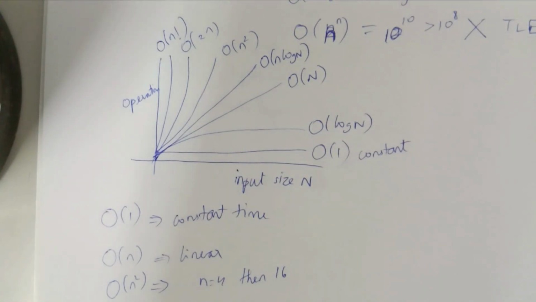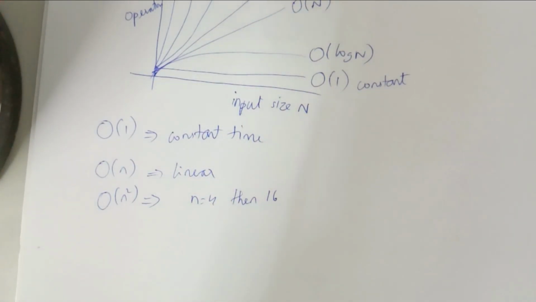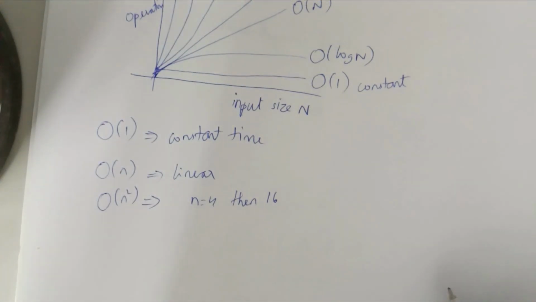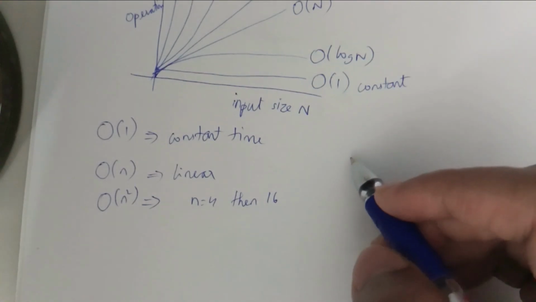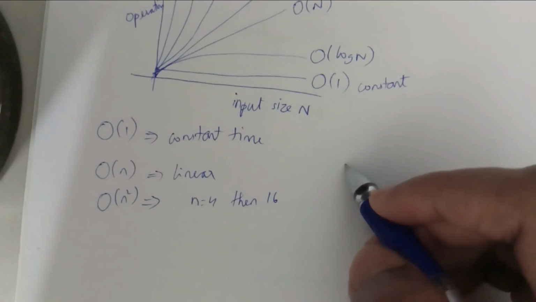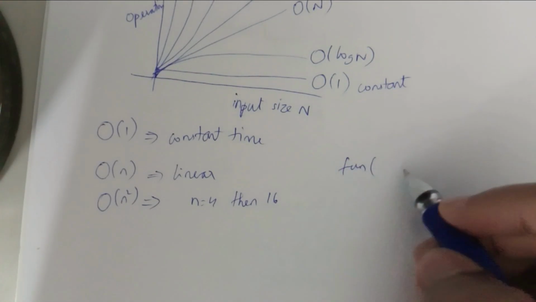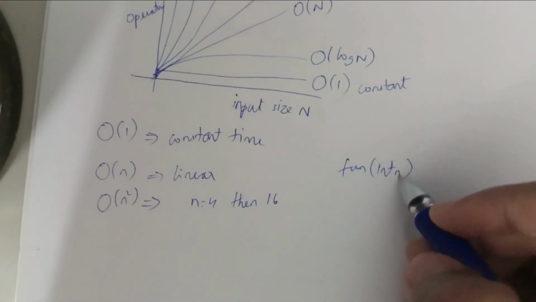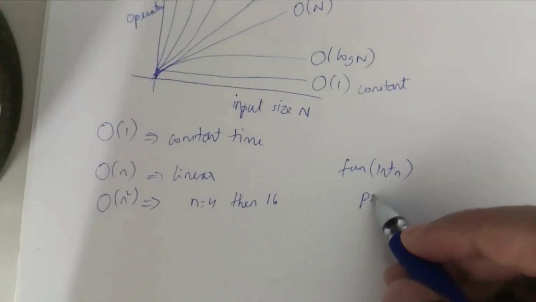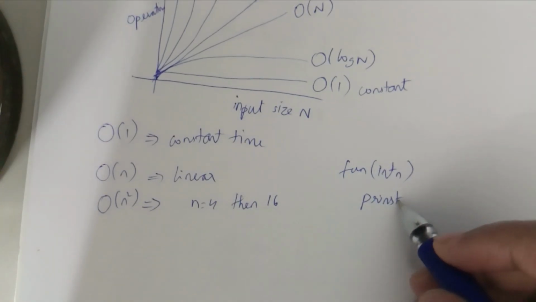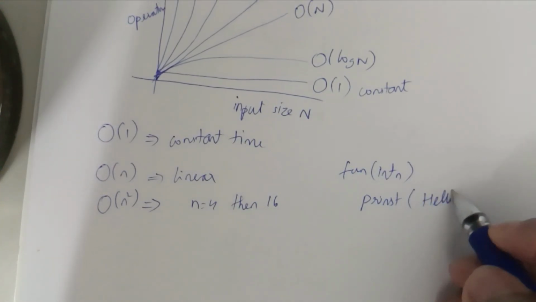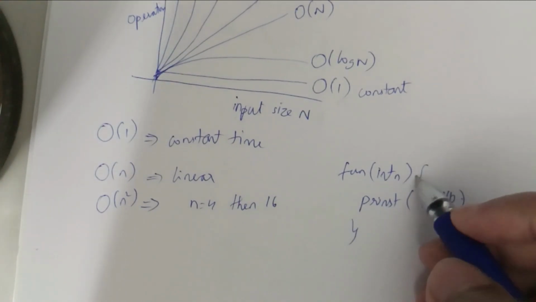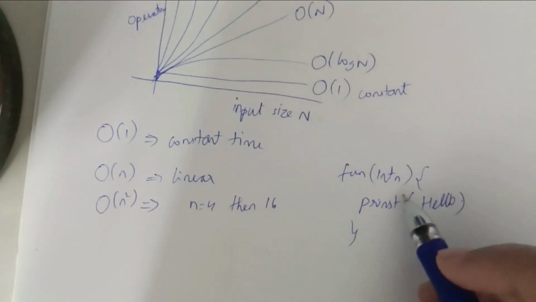So how do you find out what type of time complexity a program is taking? Suppose we have a function which takes an input of int n, and it just prints hello.